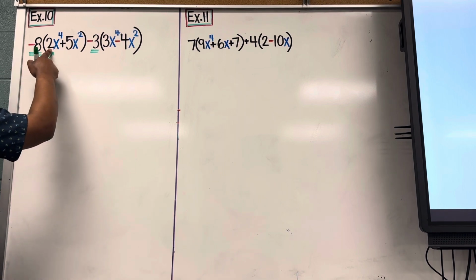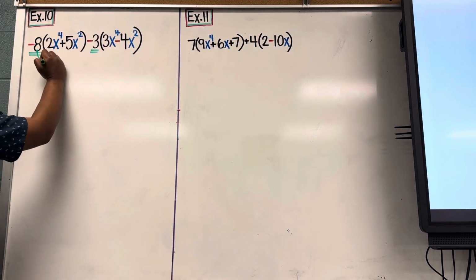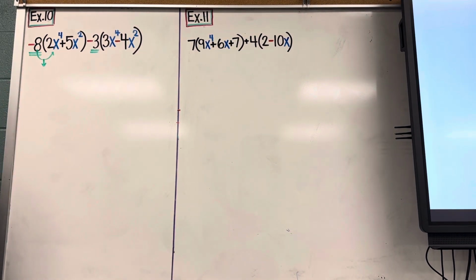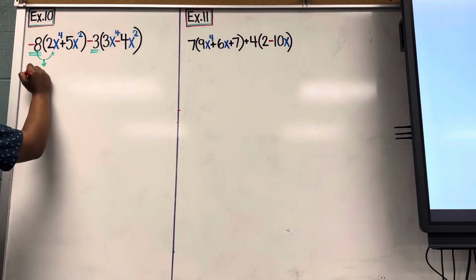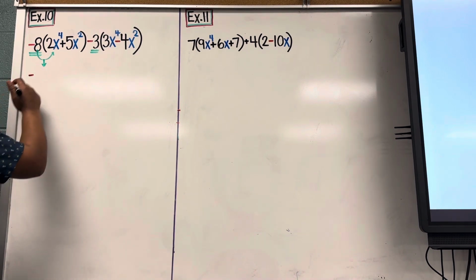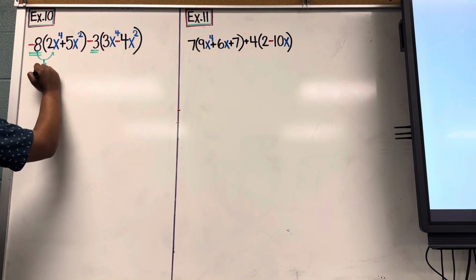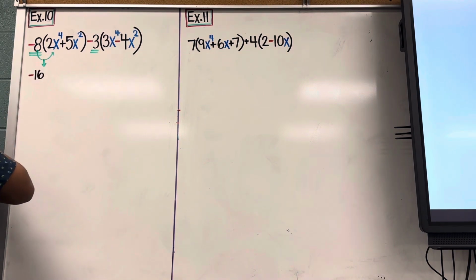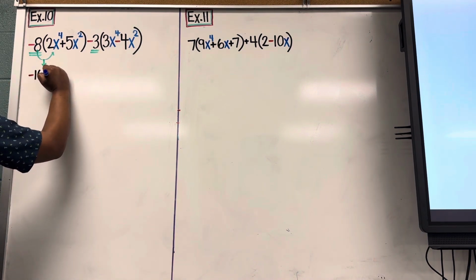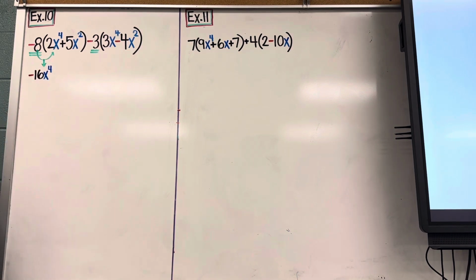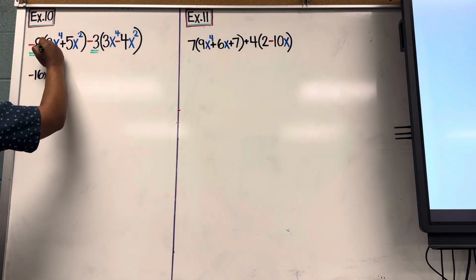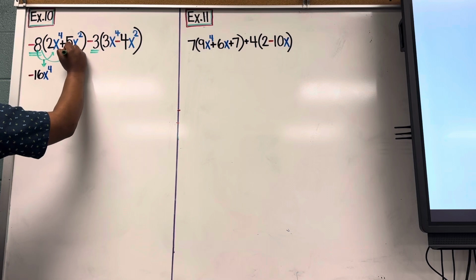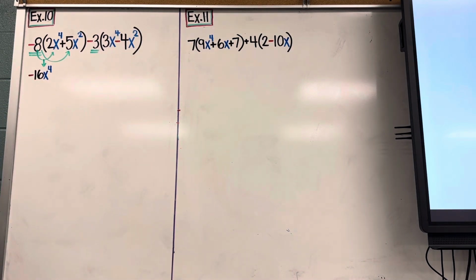Negative 8 times 2x to the fourth power is actually negative 16x to the fourth power. So let me write that. It's going to be negative 16x to the fourth power, right? And then the same thing, I've got to multiply negative 8 by a positive 5x squared, okay?